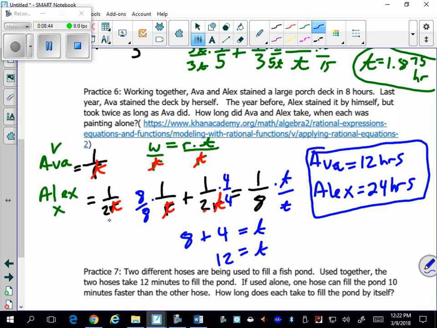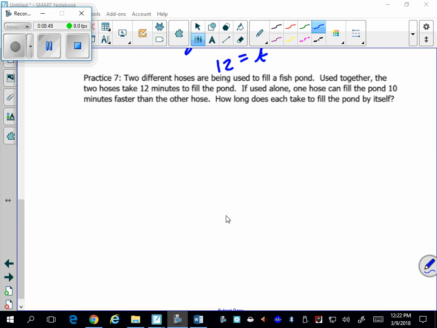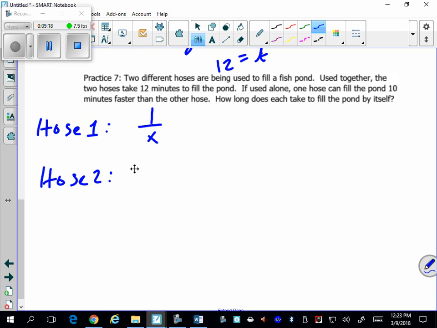Moving on. Okay, read this one out, and I'll start in just a minute. So this should be very similar to the last one, except now instead of people, we have hoses. So hose 1, the time it takes that hose to fill up the pool is 1 over X. Hose 2, and I'm just picking 1 and 2, it doesn't matter.